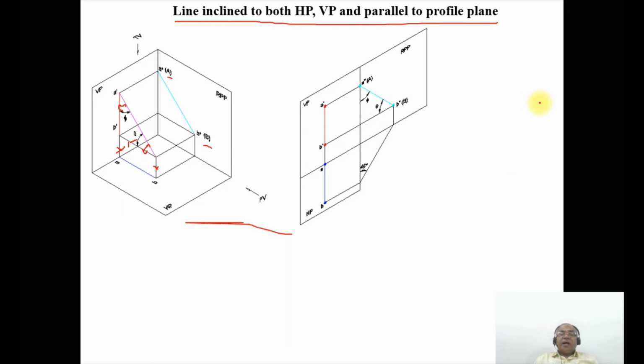But when you are considering that in the orthographic view, that means when you are rotating this HP down and also the RPP here, you can see that RPP is going towards the right side, and VP and HP here. The two endpoints of the line, A dash and B dash, and A and B, are at equidistant from the right profile plane.